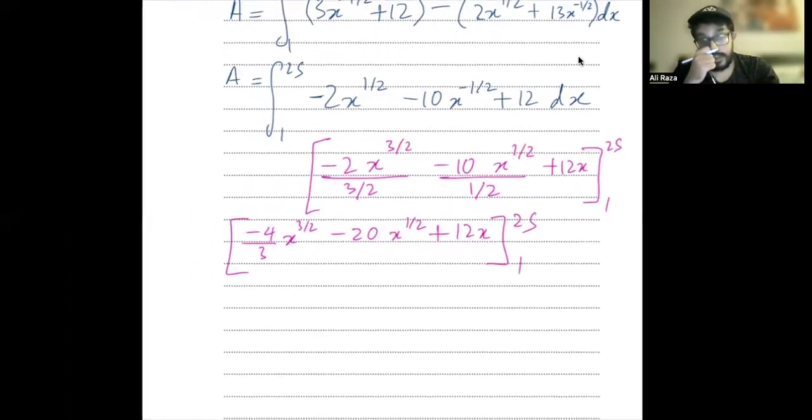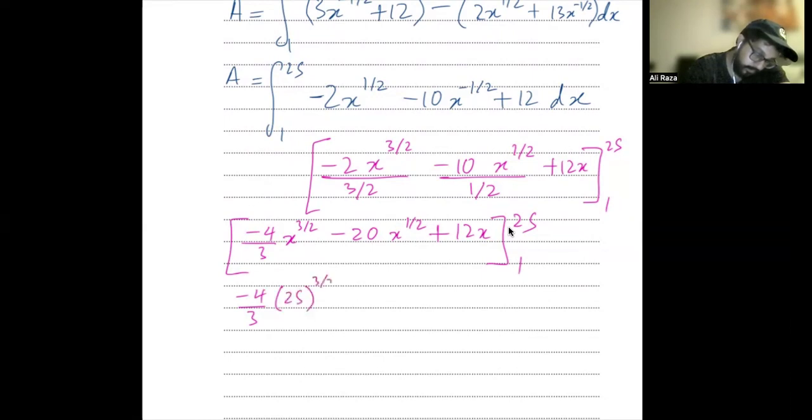Now we'll just plug in the limits and subtract the lower limit from the upper limit. We'll get this when we plug in the upper limit.